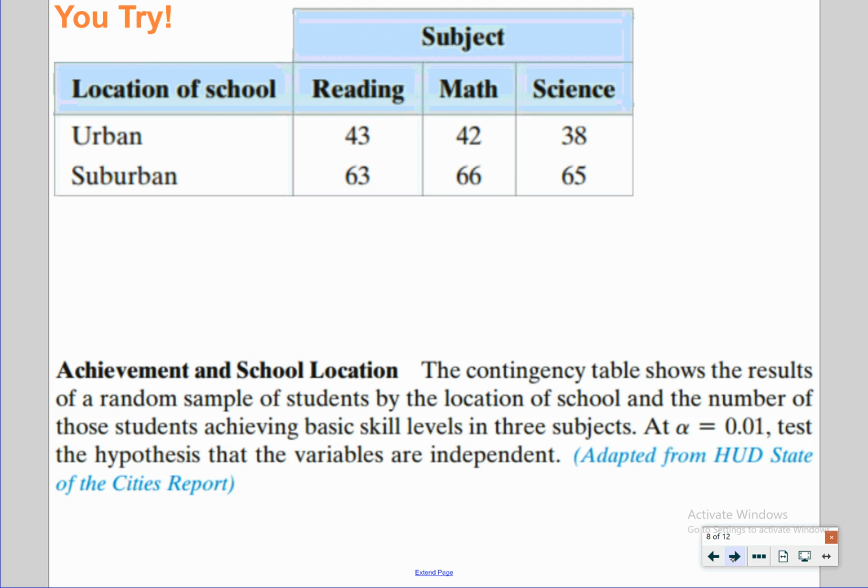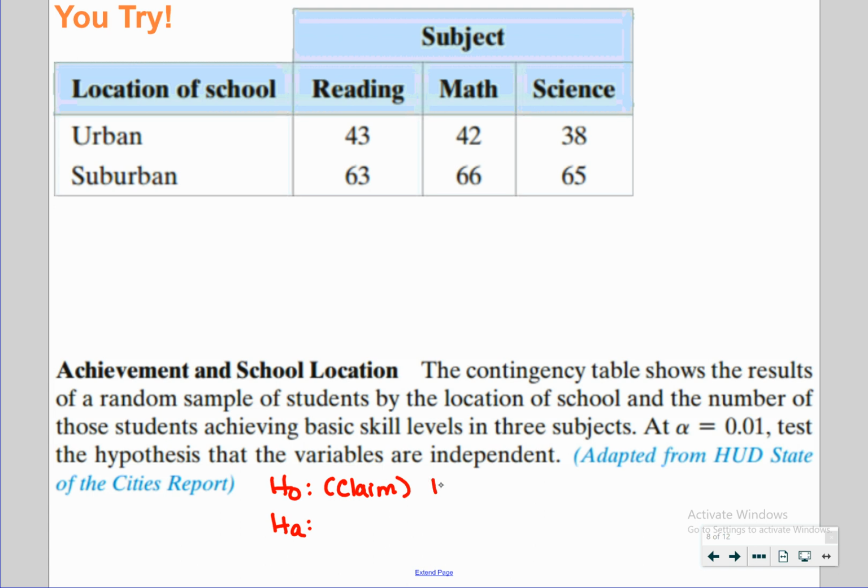All right, so it says the contingency table shows the results of a random sample of students by the location of school and the number of those students achieving basic skill levels in 3 subjects. At a level of significance of 0.01, test the hypothesis that the variables are independent. Okay, so I'm just going to go ahead and write my null and my alternative right now. So they're telling us to test that they are independent. So my claim is the null.